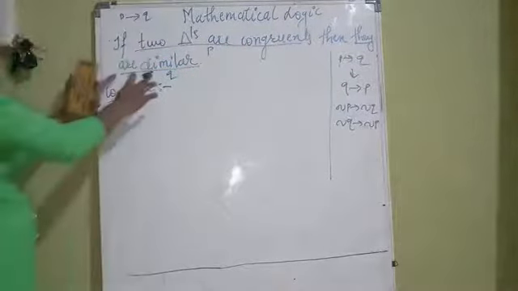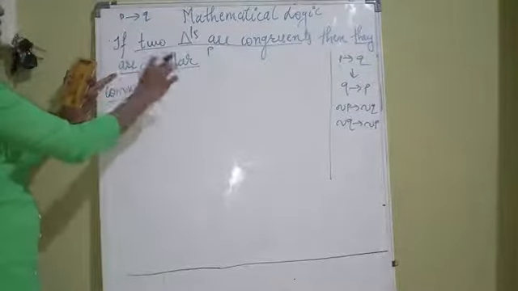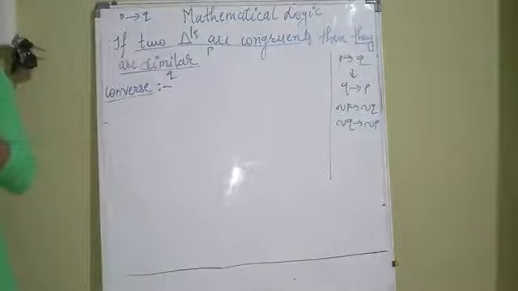So what is our Q? They are similar. So how can we write Q implies P?